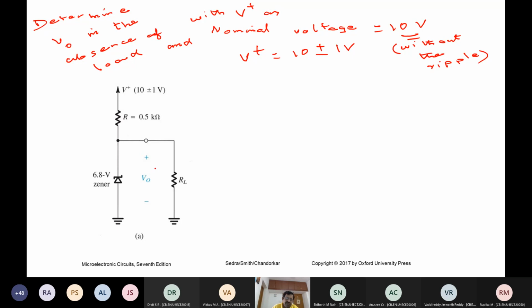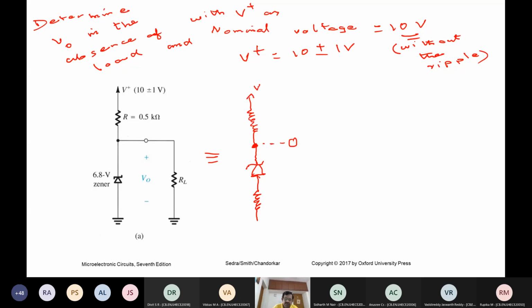For now we can remove this fact and we have only the equivalent circuit. We want to take the output at this terminal. I have removed the load. The load is 0, so it is not drawing current.